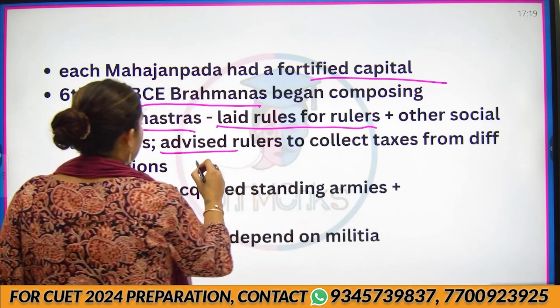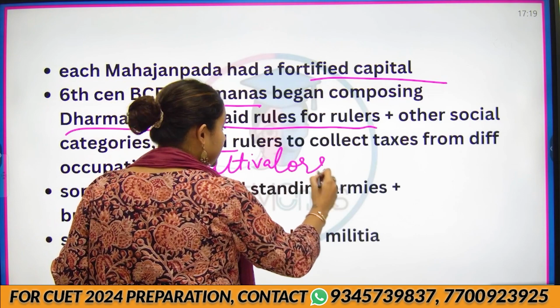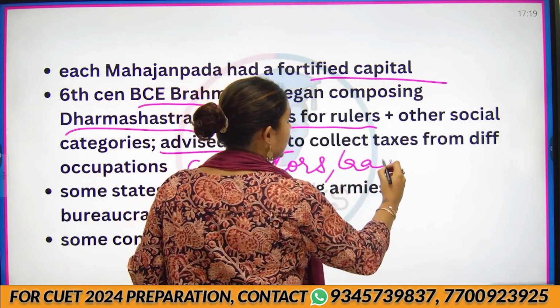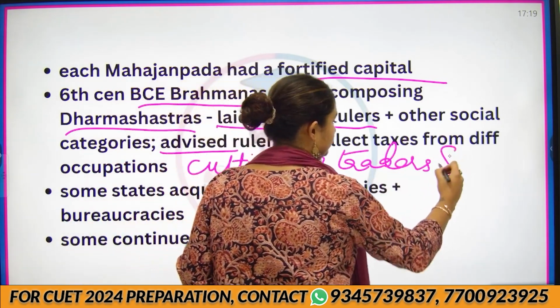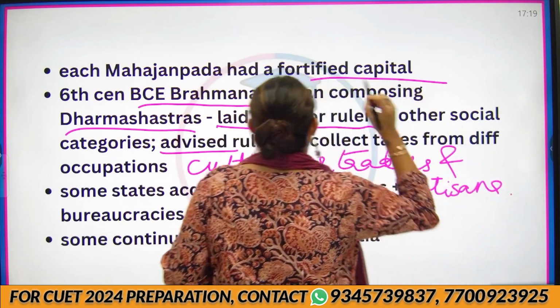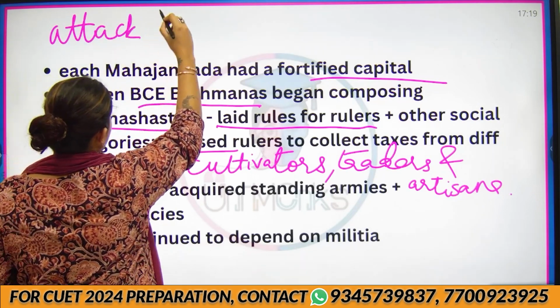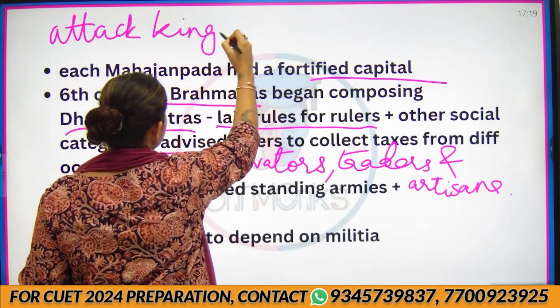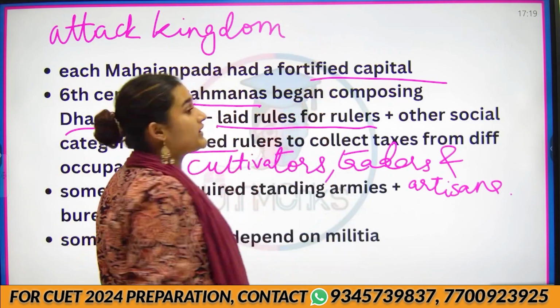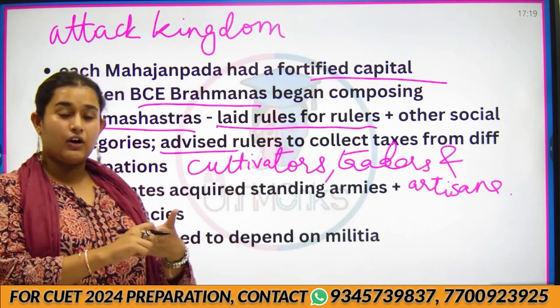For example, cultivators and traders, okay, and even artisans. Apart from this, attacking another kingdom was also considered a legitimate way of acquiring wealth, all right?